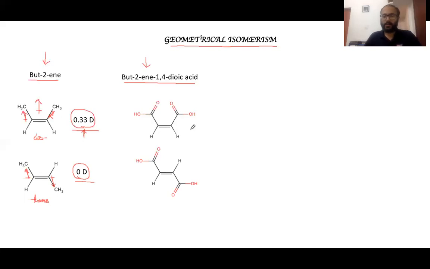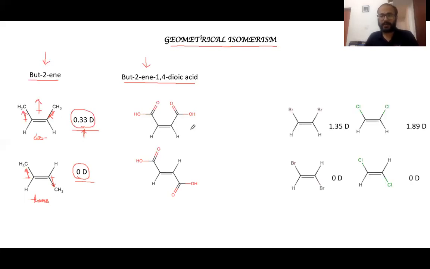Okay. Now we have a few other examples of which we are sure about the dipole moment. So here I have 1,2-dibromoethene, which I have drawn in both cis conformation as well as in the trans conformation. So what do you see in the cis conformation? If you see the direction of dipole, it would be something like this.